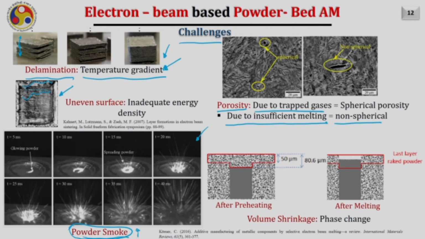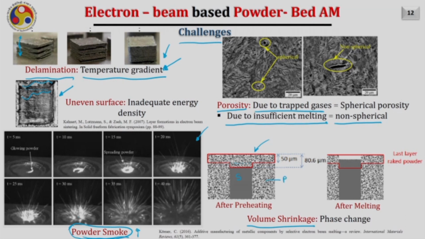Another issue, particularly in powder bed additive manufacturing, is volume shrinkage. Here, for example, you are going to deposit a layer. It will have less material available on the solidified part. So this is the solidified region and this is the powder region.